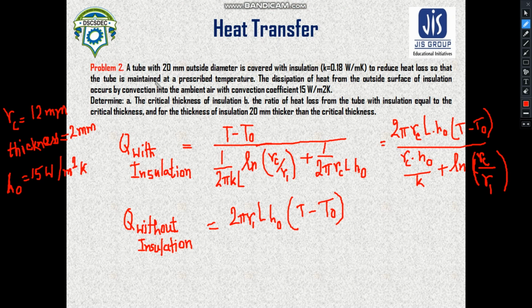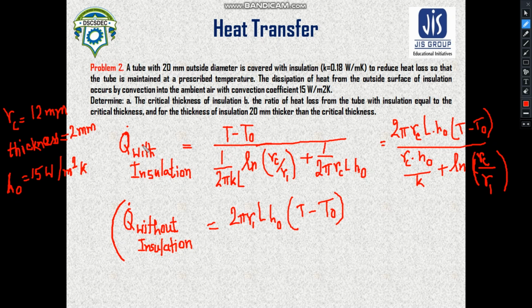So the question is that you need to compare the heat transfer rates when the critical radius of insulation has been provided and there is no insulation. Okay, so you need to understand the two specific cases here. You need to find out when the critical radius of insulation is provided, then what is the heat transfer rate, and if no insulation is provided, then what is the heat transfer rate.